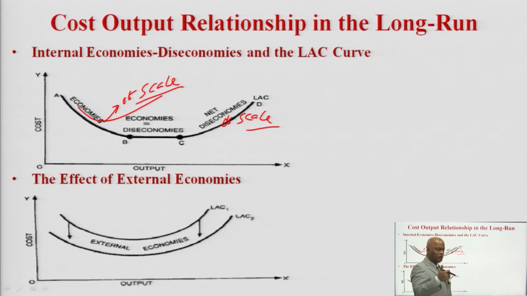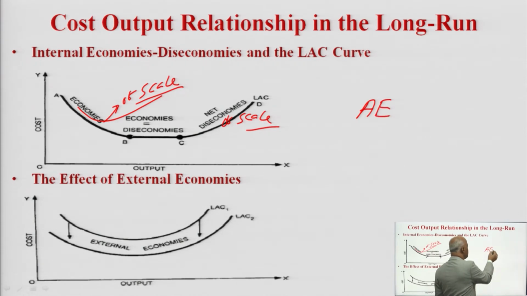So as output increases, that means the denominator will increase. The total advertisement expenditure divided by output gives you the average advertisement expenditure.